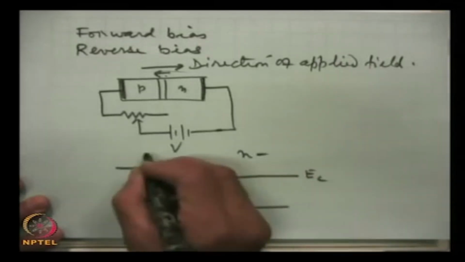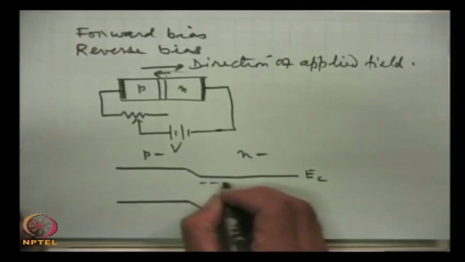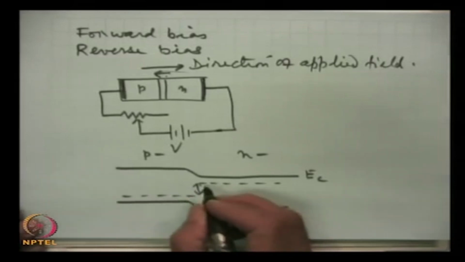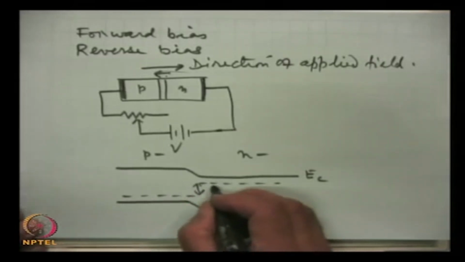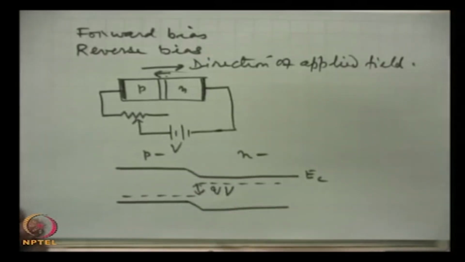This is the N side, this is the P side, and the two levels get separated again, and this extent of separation depends on the applied voltage. This is qV, where V is the applied voltage.